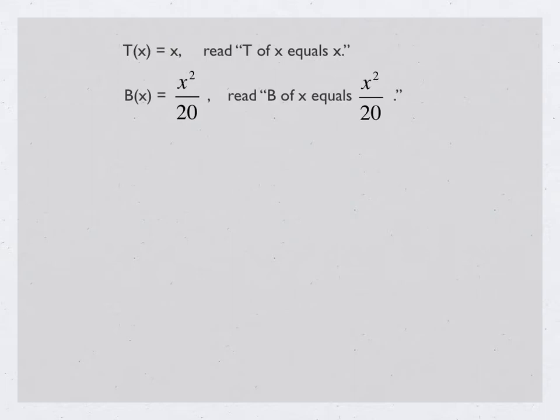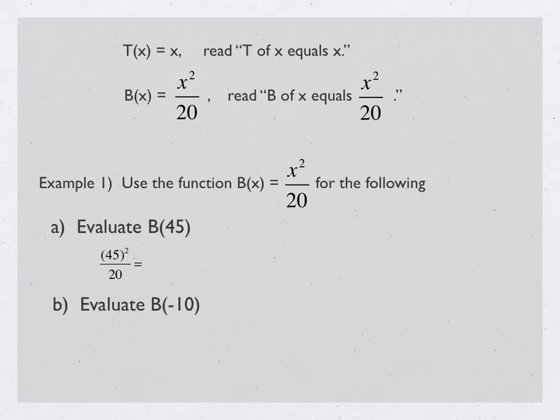And so here's how function notation works. It says use the function b of x equals x squared over 20 for the following. Okay, so when I say evaluate b of 45, if you compare that to this, do you see that the 45 is now just in place of the x?